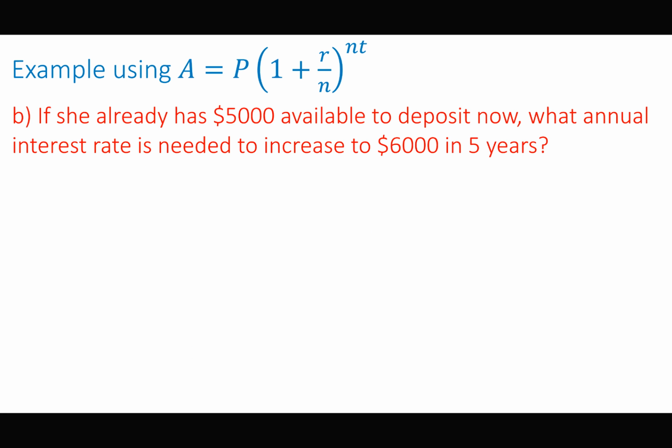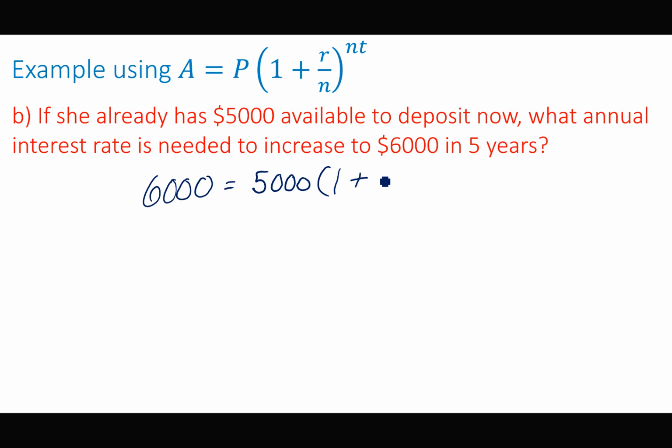Same setup. If she already has $5,000 available to deposit now, what annual interest rate is needed to get to $6,000 in 5 years? Okay, so this one still we're trying to get out to be $6,000, but now we have $5,000 to begin with.